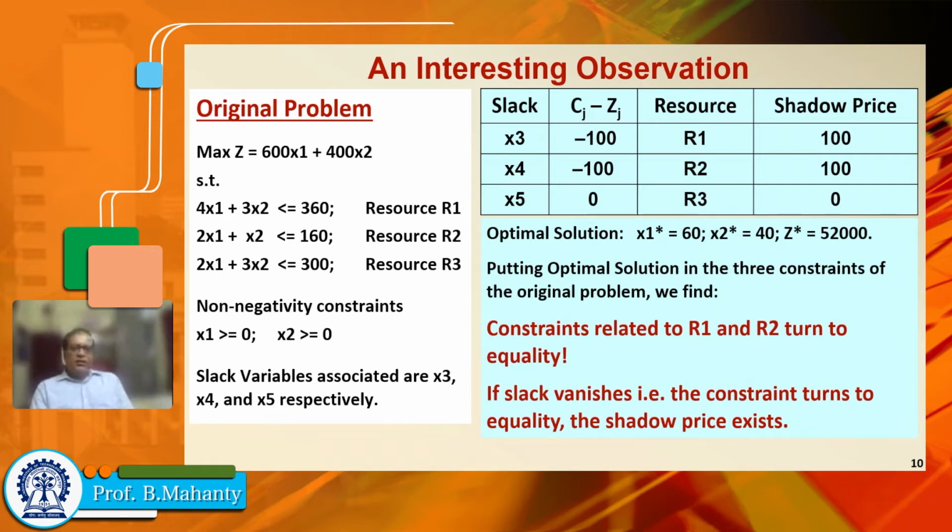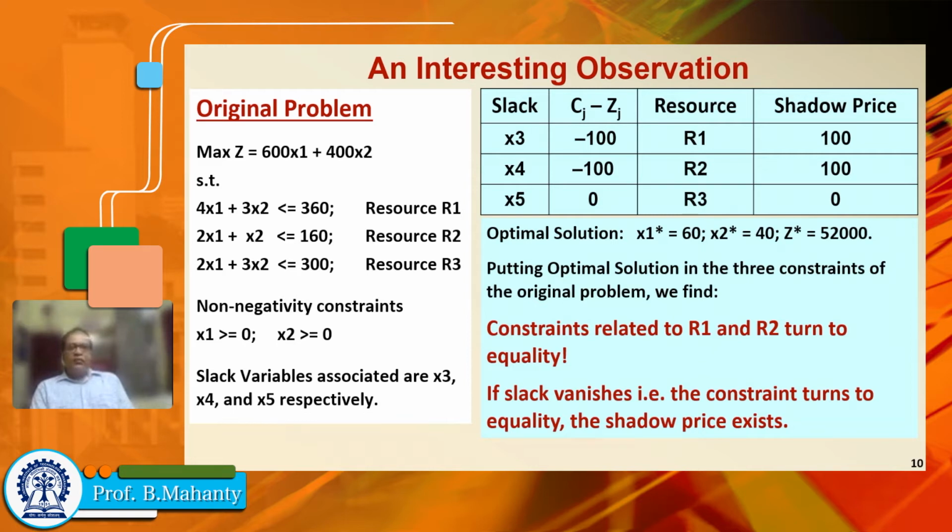Is it all right? So, this is a very important observation with regard to the shadow price. When there is a shadow price for a particular resource, that means that resource has been exhausted. That means that particular constraint has turned to equality, and there is no excess resource available. But there is no shadow price for R3. That means R3 is not exhausted. In fact, R3 is 60.